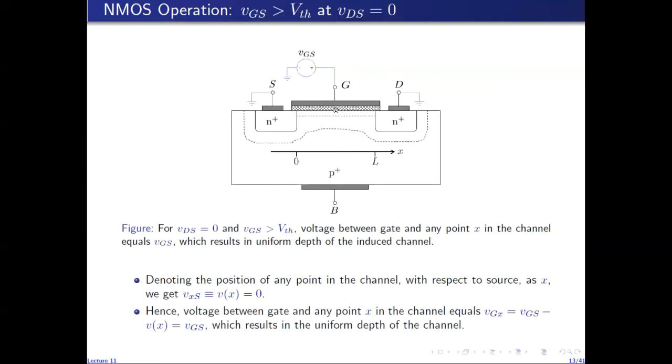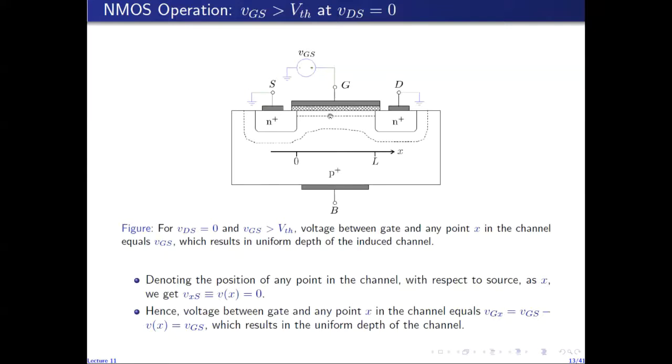The voltage between gate and x, V subscript Gx, is equal to the voltage at the gate with respect to the source minus the voltage at x with respect to the source, so it is VGS minus Vx. Since Vx is 0, the voltage between gate and any point in the channel is equal to VGS.